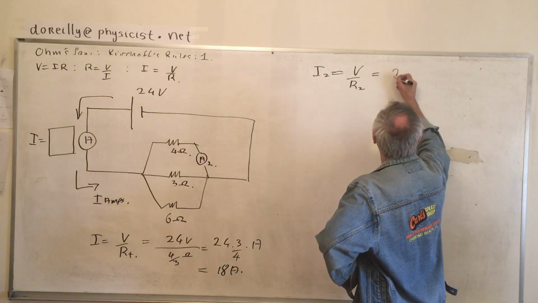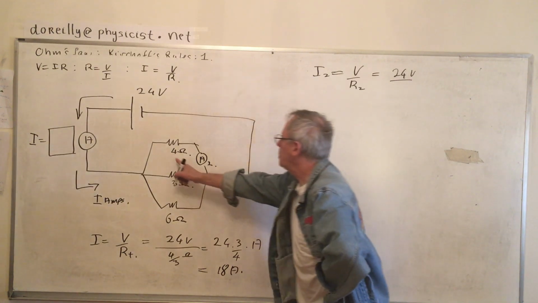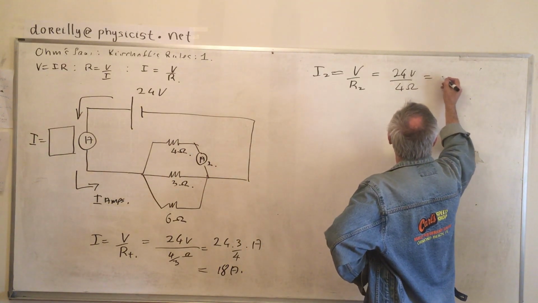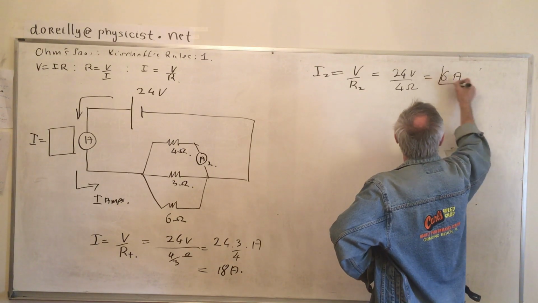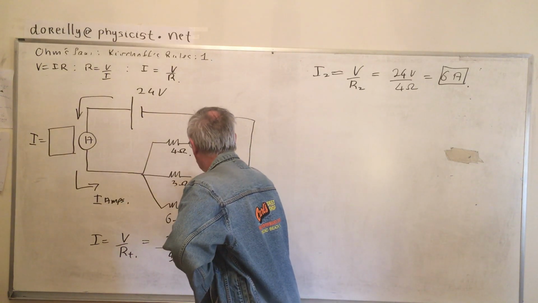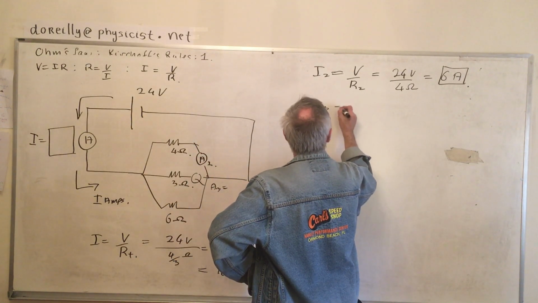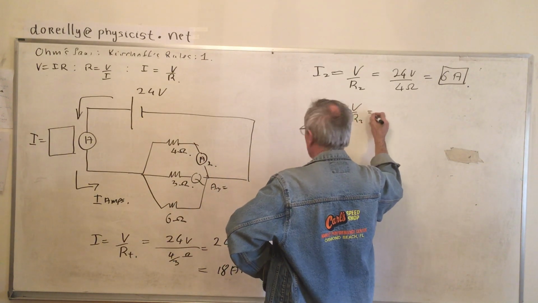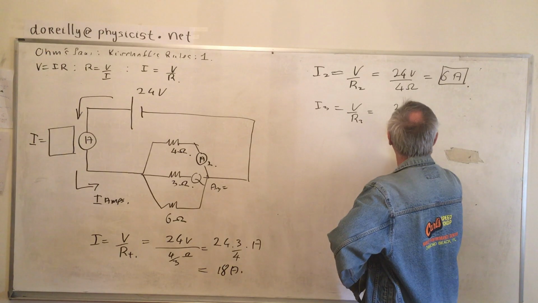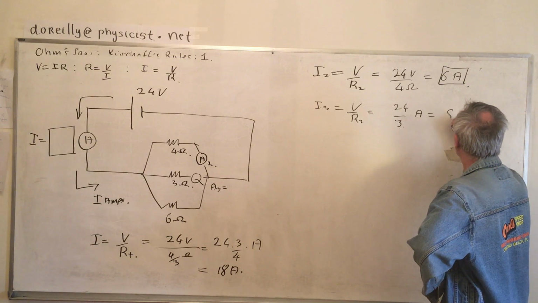V is 24, and R2 is 4, and we get 6 amps. We could ask, what's the reading on this one? So A3 is going to be 24 over 3 amps. 3 into 24 goes 8 times.